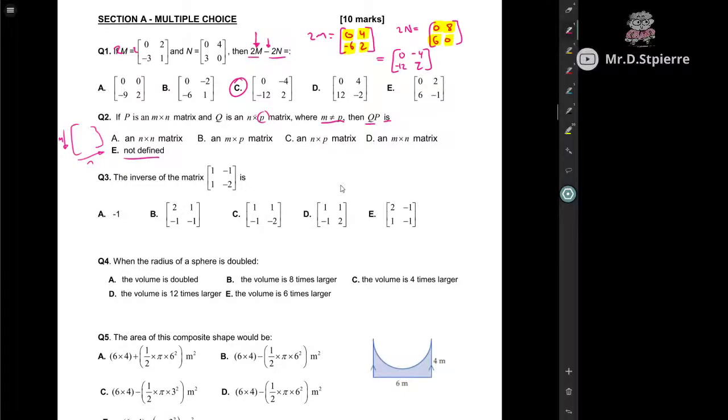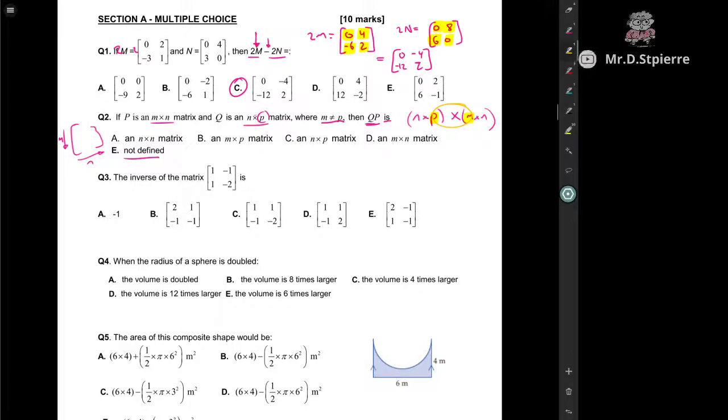The simplest way is that if we write the order of the two matrices being multiplied, we need the inside numbers to match. So we are trying to find QP. So Q is N by P, and we're going to be multiplying it by the P matrix, which is M by N. Whenever we write this out, we need these two middle numbers to be the same.